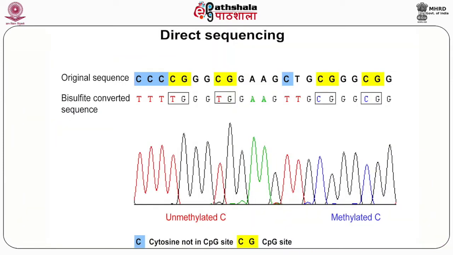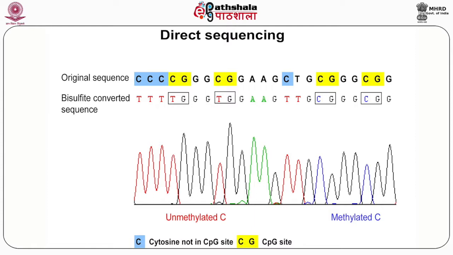Bisulfite converted DNA is subjected to PCR and sequenced directly or cloned into a stable vector, called bisulfite clonal sequencing. After cloning, a few recombinant clones are then picked and expanded, followed by plasmid isolation and Sanger sequencing, done to generate the pherogram as shown in this figure.